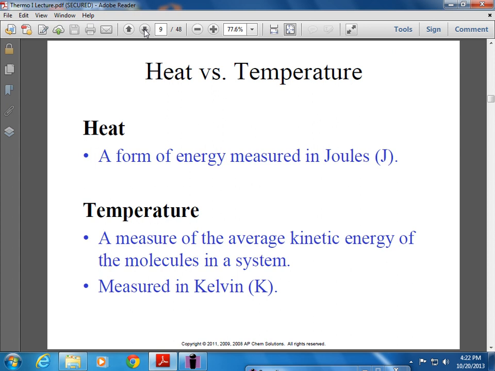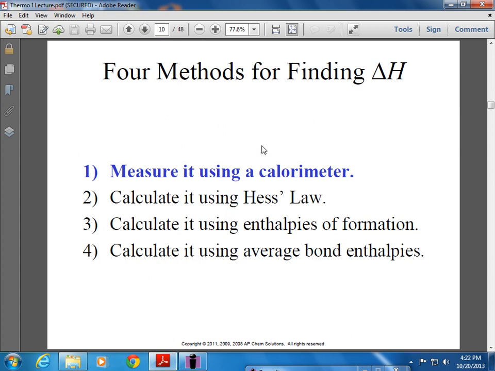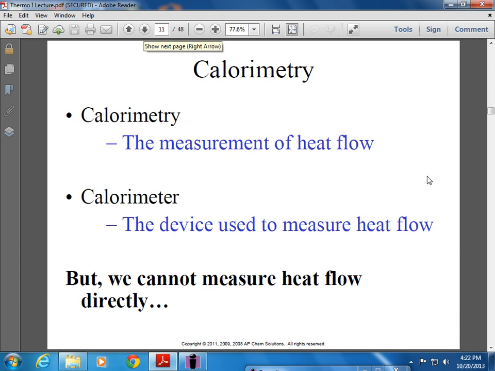So when we think about how that applies, we need to measure heat a couple of different ways. We're going to look at using a calorimeter here, and we're going to be doing a lab pretty soon on calorimetry. Hess's law, which is kind of the stoichiometry stuff that we'll deal with later, and then enthalpies of bond formation and average bond enthalpies. Calorimetry, and we'll stop after we talk about calorimetry a little bit.